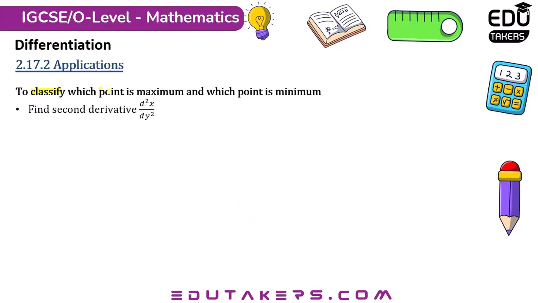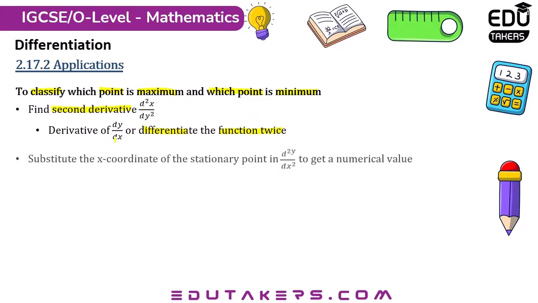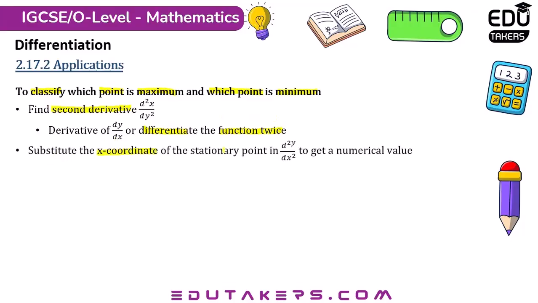To classify which point is a maximum and which point is a minimum, find the second derivative. Differentiate dy/dx, or differentiate the function twice. Substitute the x coordinate of the stationary point in d^2y/dx^2 to get a numerical value.